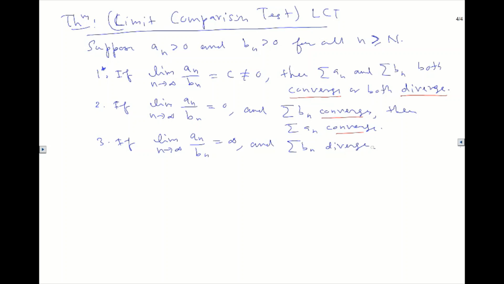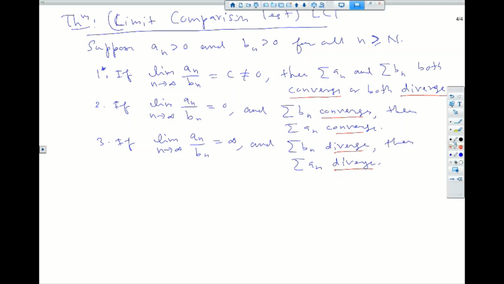But the bottom one diverges. That means an is much bigger than that. That means sigma an also diverges. So we have those two additional results also. But what is more important is the first one. If you get a constant, they behave exactly the same way.